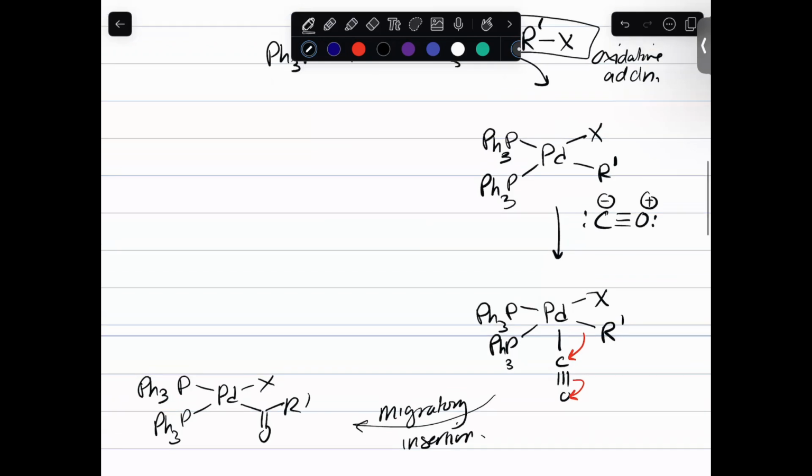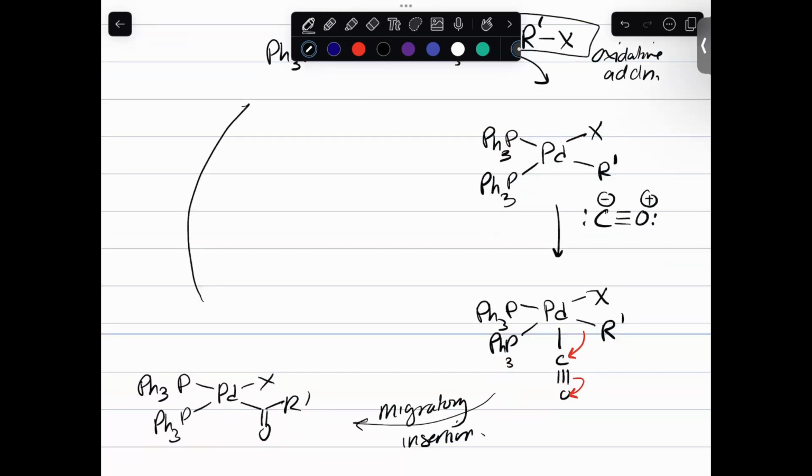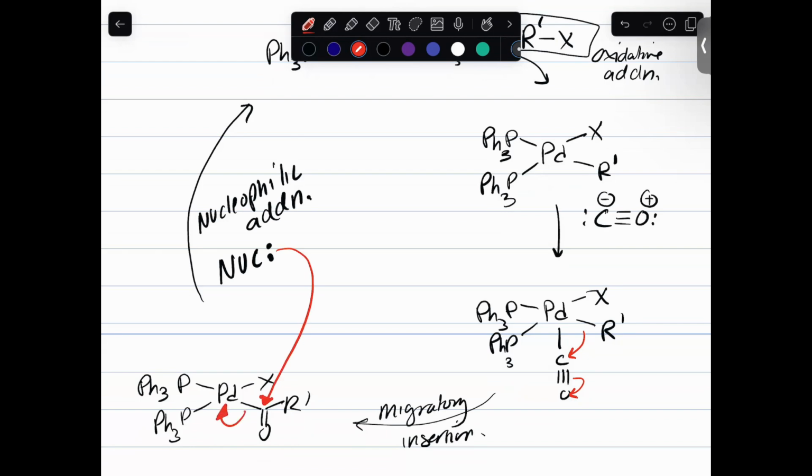Instead, what happens is a nucleophilic addition, where you introduce the nucleophile, whatever that nucleophile may be, it adds to the carbonyl. It breaks the bond between the palladium and the carbonyl, and the leaving group pops off.